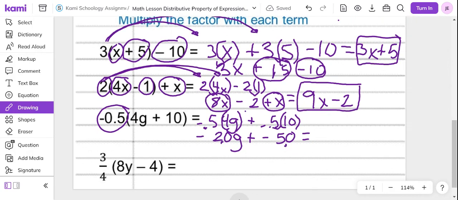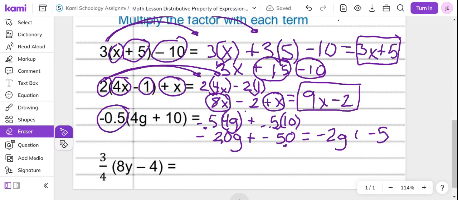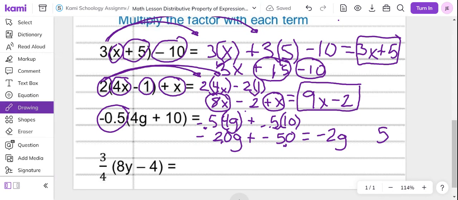And there's no other terms in this expression, so now we can just rewrite it. Negative 2, and there's no value after the decimal, so we have negative 2g plus negative 5. We can also write that as adding a negative is the same as subtracting 5.